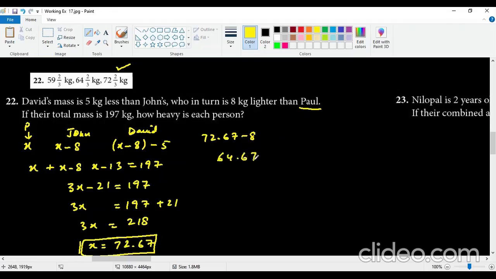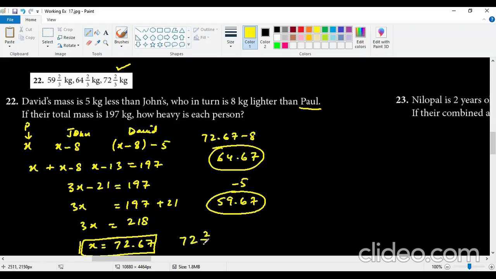And from this, if we subtract 5 more, it's going to give us 59.67. Or you can write this one as 72 whole 2 over 3.